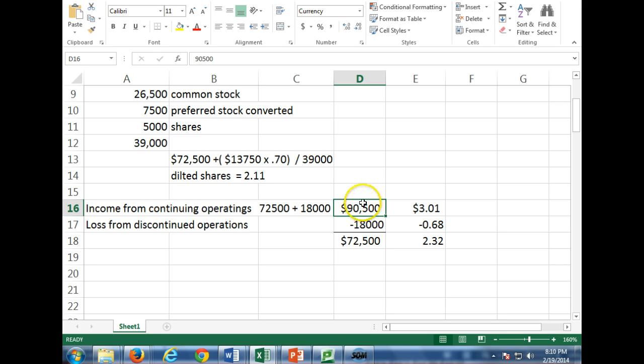We should take this income from continuing operations and subtract out the 10,000, that amount. You're exactly right. They screwed up in the book. But we should, because we're still computing basic earnings per share.